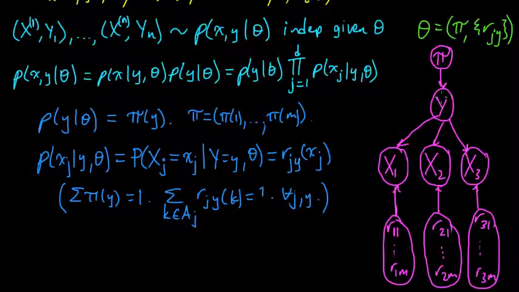And then we choose x1 according to, if y is say 2 or something, then we would choose x1 according to the distribution r subscript 1,2. And if y was 2, we would choose x2 according to the distribution r subscript 2,2. And we would choose x3 according to r subscript 3,2.